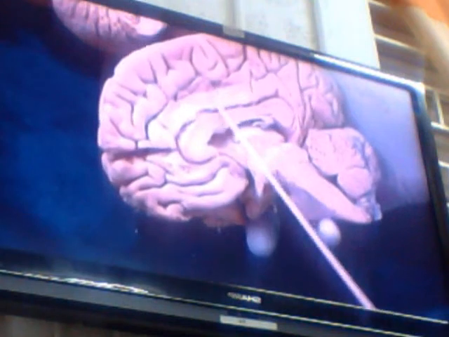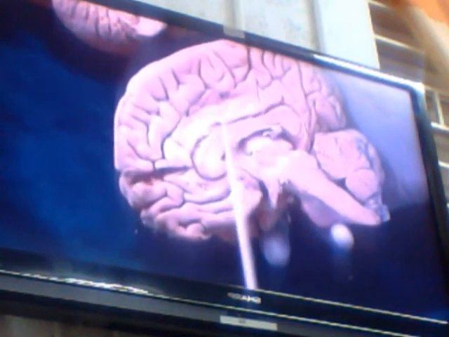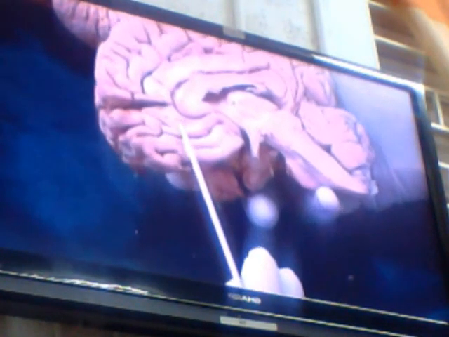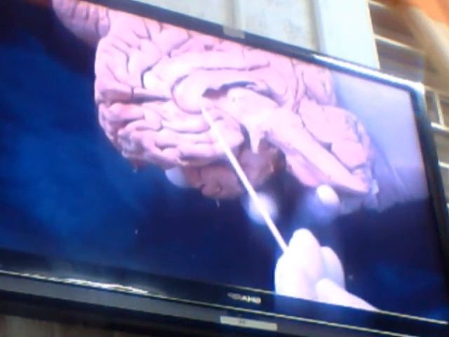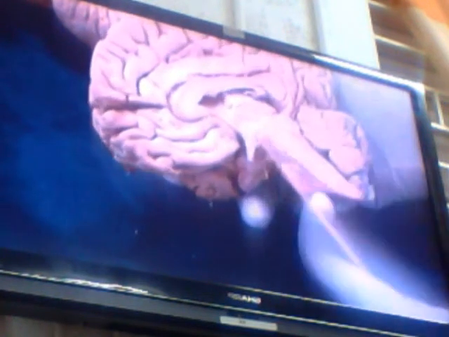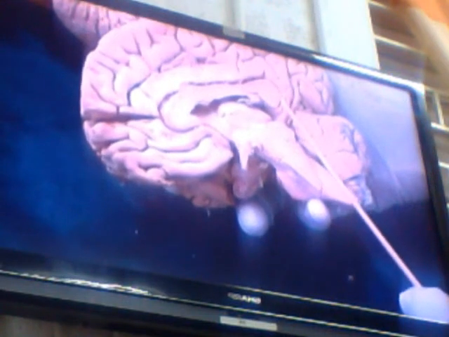And this gyrus is called the cingulate gyrus, right? And if you follow it around, it comes just outside the genu. Wait, what do we call this back part? Yeah, I didn't remember that I did mention it.